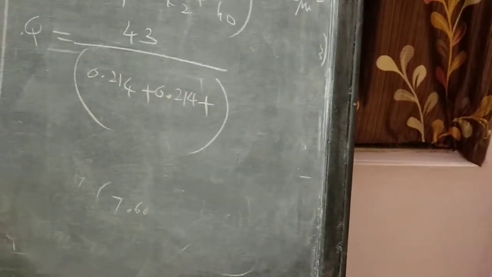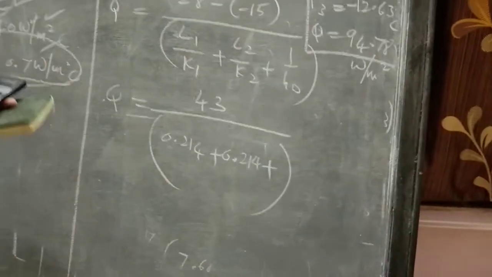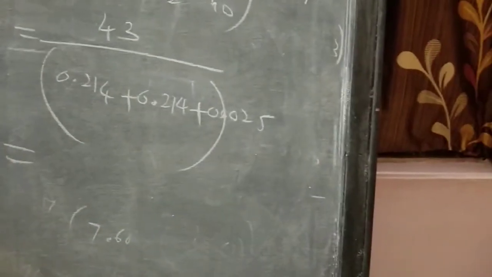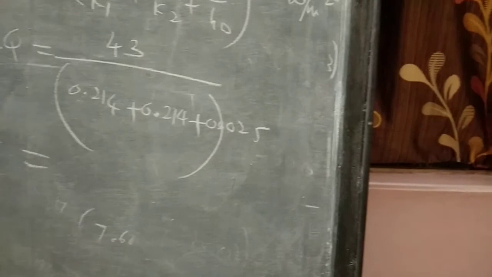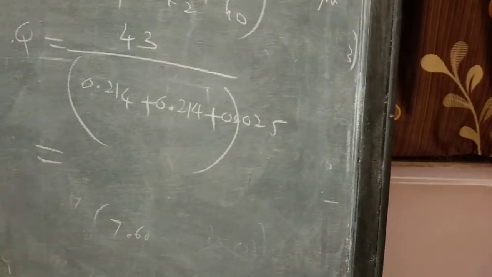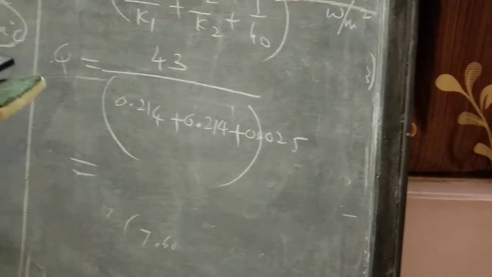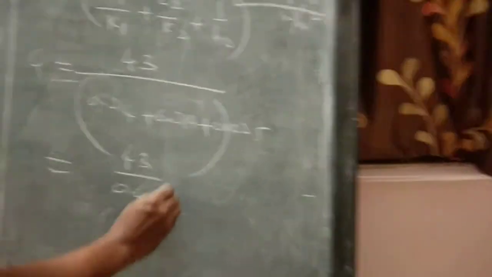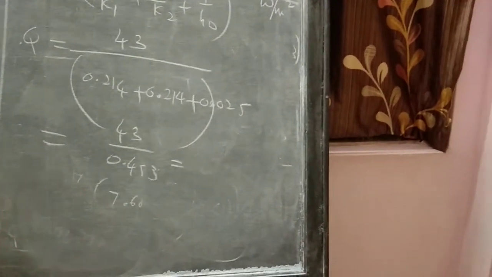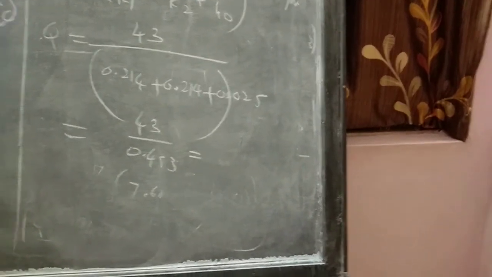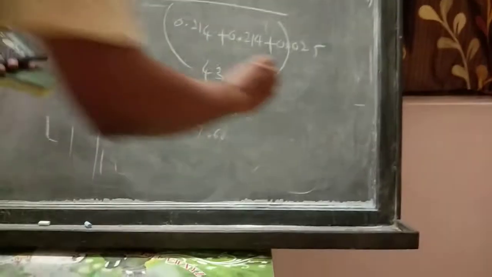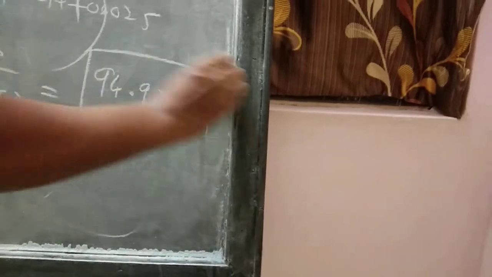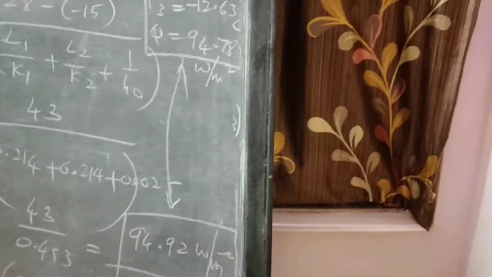Plus 1 by h0, where h0 is 40, which gives 0.025. Now we calculate the denominator: 0.214 plus 0.214 plus 0.025 gives 0.453. 43 divided by 0.453 gives 94.92 watt per meter square, which is the same as this one.